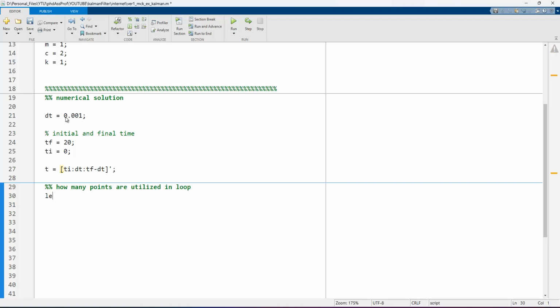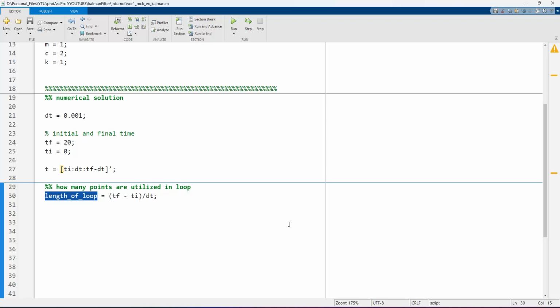The length of the loop is assigned with TF minus TI divided by dt. These are the points contained in our algorithm, because we have K discrete, 0, 1, 2, and so on, up to the length of the loop.